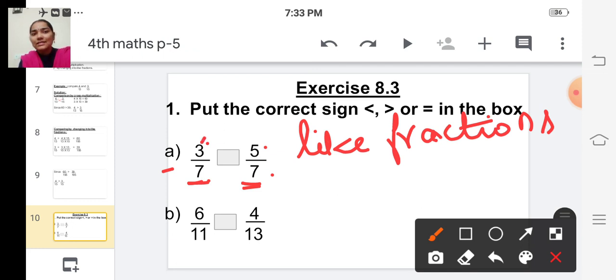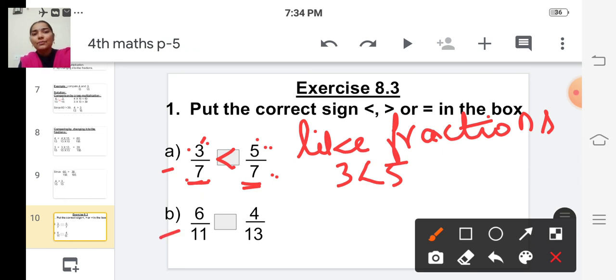Here the numerator is 3 and here the numerator is 5. 3 is less than 5. So 3 by 7 is less than 5 by 7. Okay, is it clear? If the fractions are like fractions, then we have to compare only numerators.